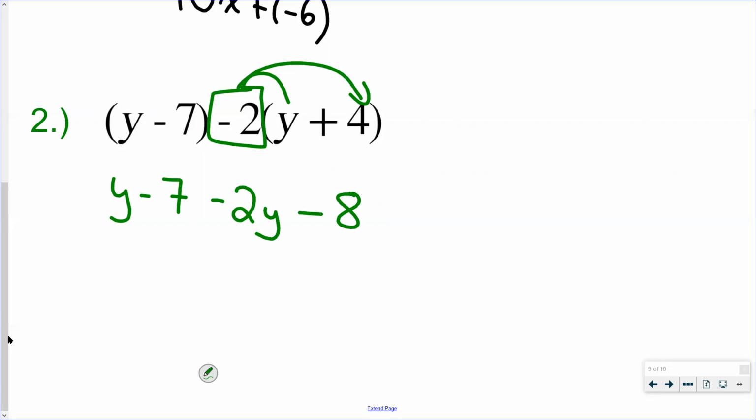Now if we look, we do have some like terms. We have a y and a -2y. We have a -7 and a -8. So if we combine them together, y minus 2y gives us -y. -7 minus 8 gives us -15.